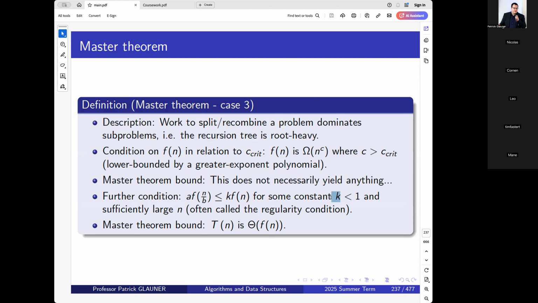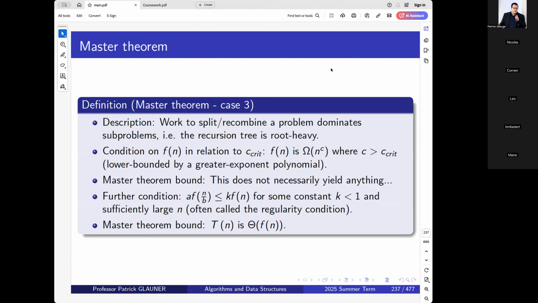If we find a k that is less than 1 that satisfies this constraint, then we can actually use case 3. And for case 3, it's super simple that our t of n is theta of f of n.